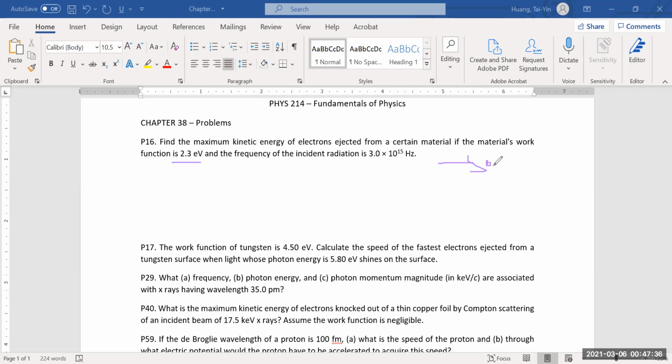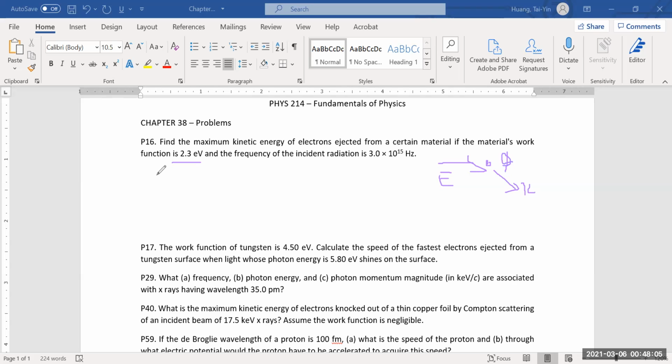After the photon interacts with the material, there might be a chance for the electrons to be ejected. When the electron gets ejected, it will come with kinetic energy. We want to find the maximum kinetic energy of the electron, given the energy of the photon and the work function.